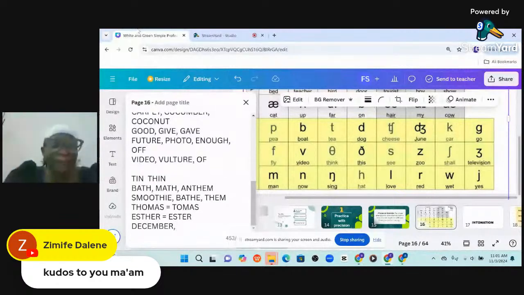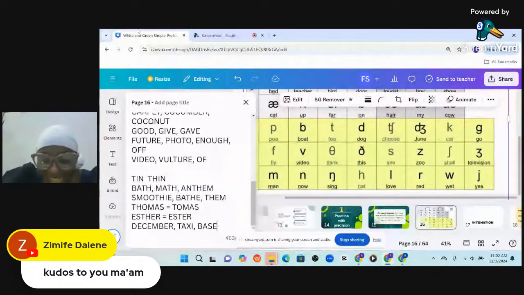We have it in words like December. Some people pronounce this word as Dezember. The C does not sound like Z. It's December, not Dezember. Taxi, not taksi with a K's sound. The X there sounds X. It's not a Z, it's an S, like the word base, not baze.